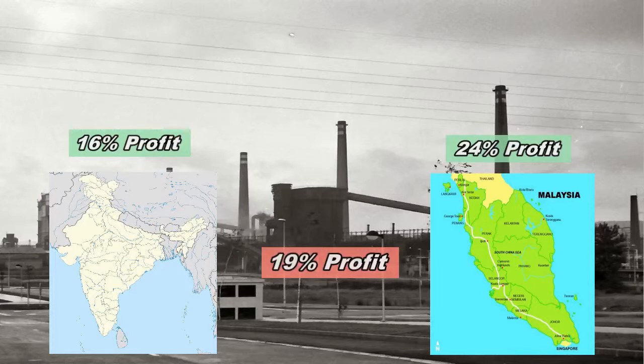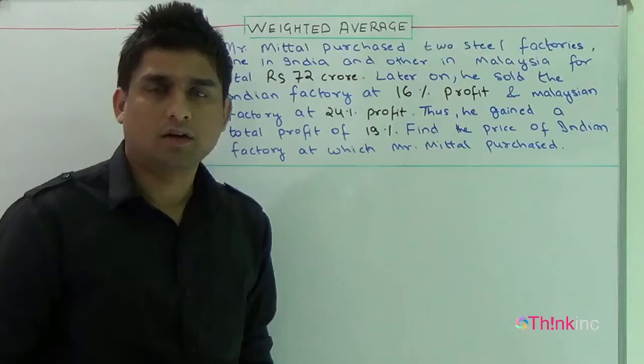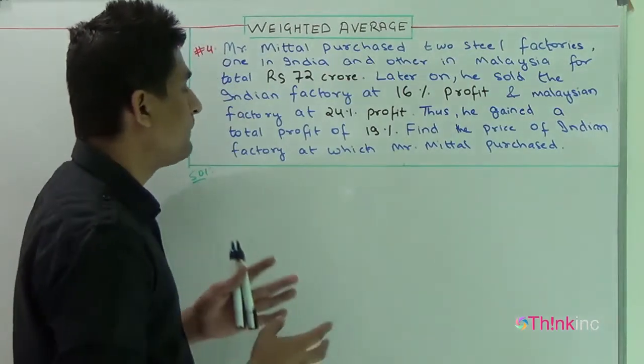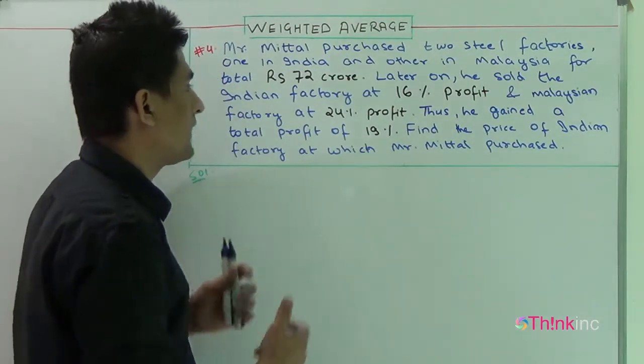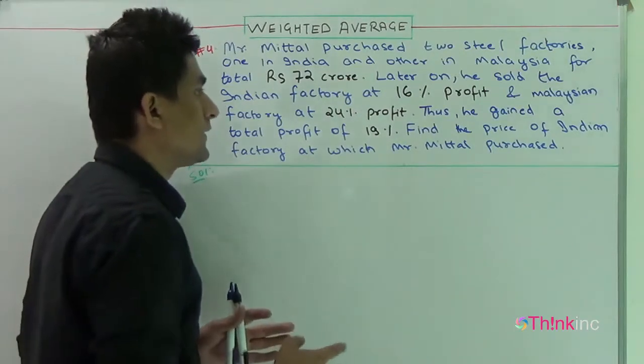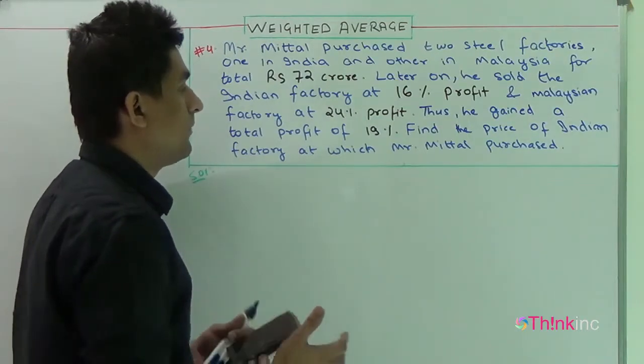Now the question is, we have to find the price of the Indian factory at which Mr. Mittal purchased. I think we have got the question. This question can be solved by basics of profit and loss or by allegation also. Since I have not discussed profit and loss, I will not solve it by the basic method.